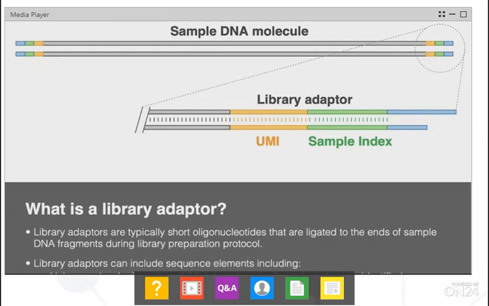So for example, many adapters now include unique molecular identifiers that can be used to identify reduplication that occurs during PCR amplification. Alternatively, they may also include sample indexes and barcodes that allow multiple samples to be multiplexed together in a single sequencing run. Or alternatively, they can be used to identify, for example, single cells, specific single cell combinations.